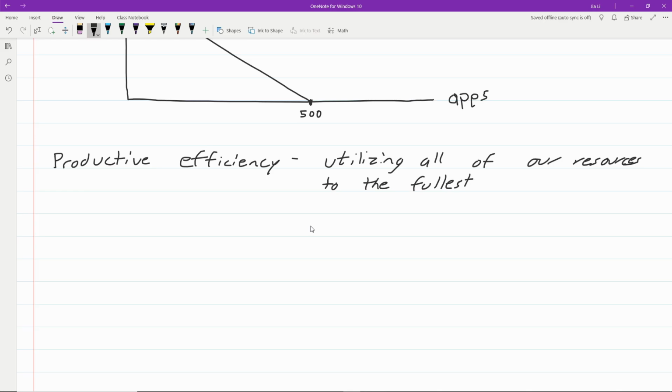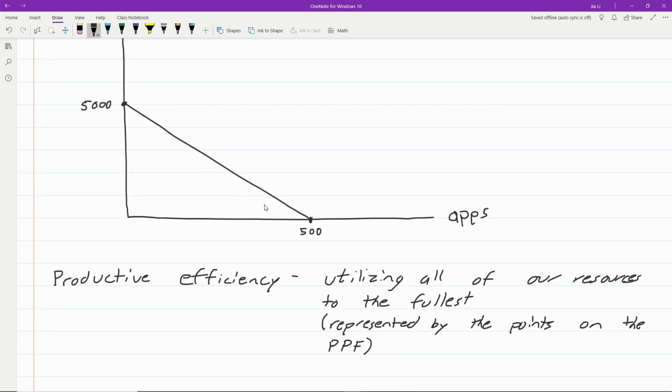And this is represented by all the points directly on the line, represented by the points on the PPF.